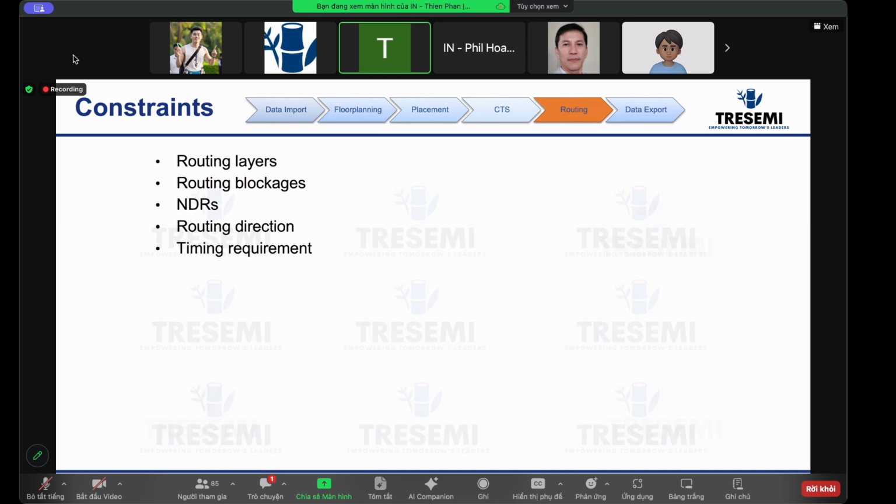So the ones that we say, make sure that whatever happens out there, I want to shield the signal, right? I don't want noise. And then of course the timing requirement, right?